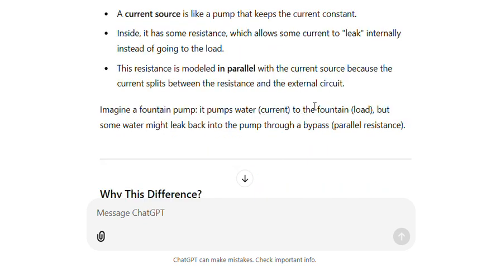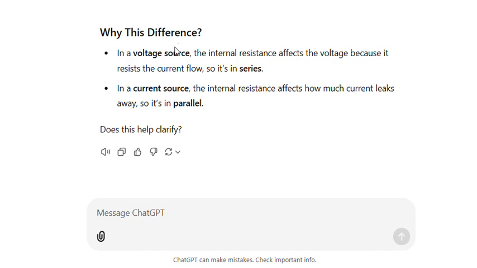I somewhat get it, but still I'm not very clear. In the voltage source, the internal resistance affects the voltage because it directs the current flow, so it's in series. And in the current source, the internal resistance affects how much current leaks away, so it's in parallel. No, I still don't understand it.